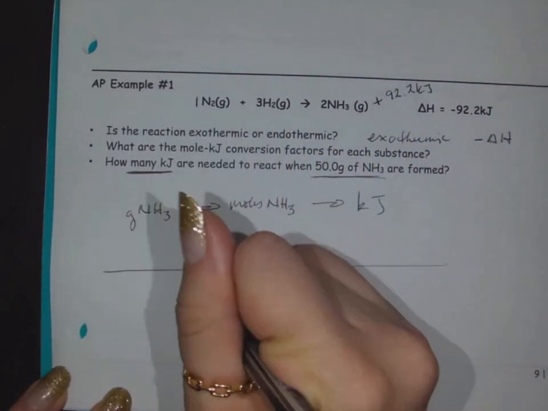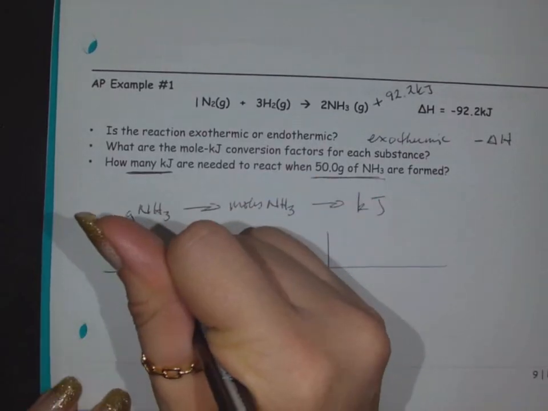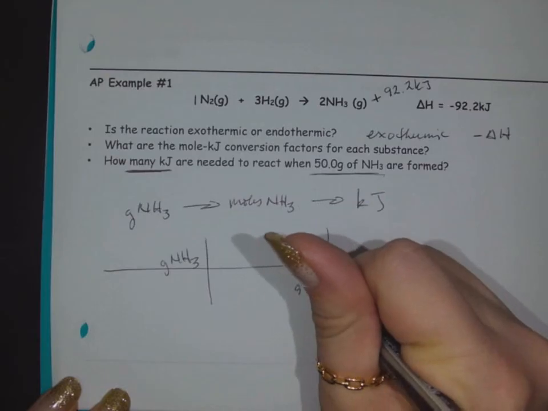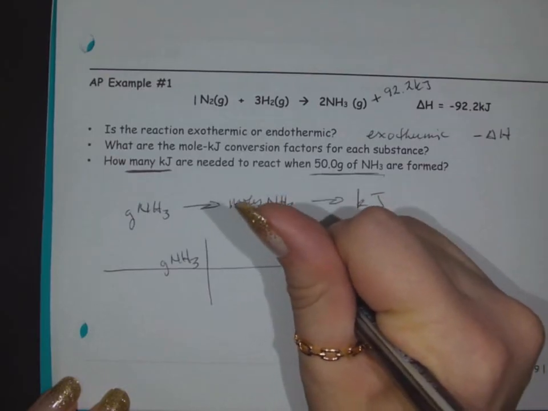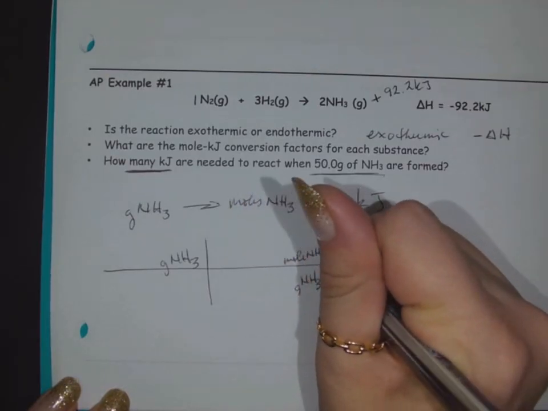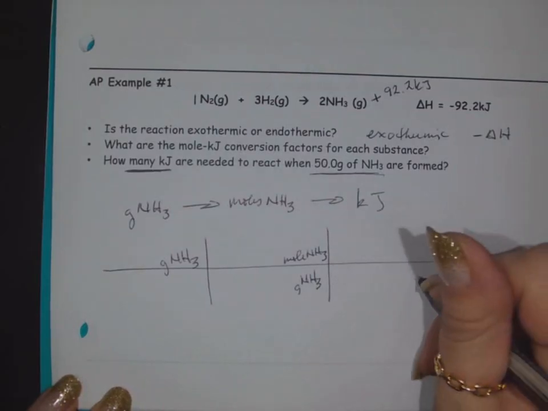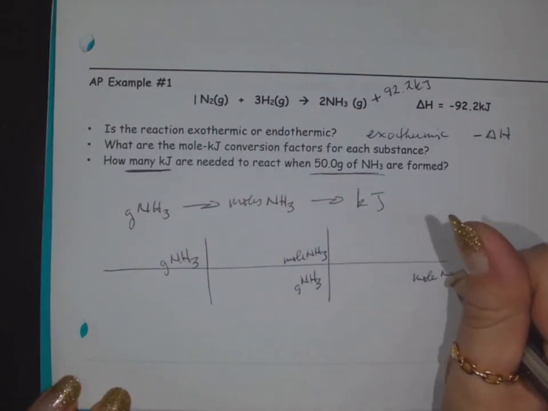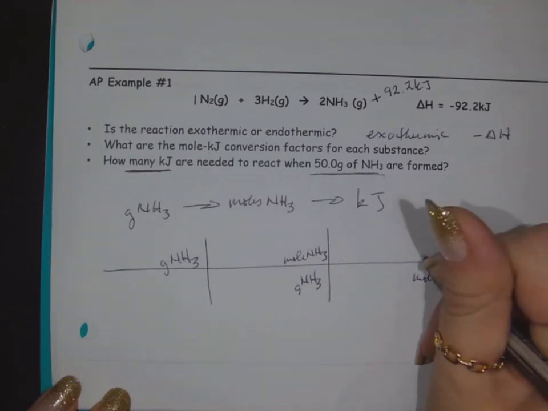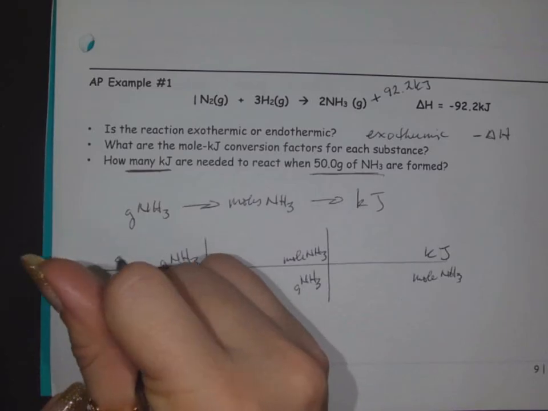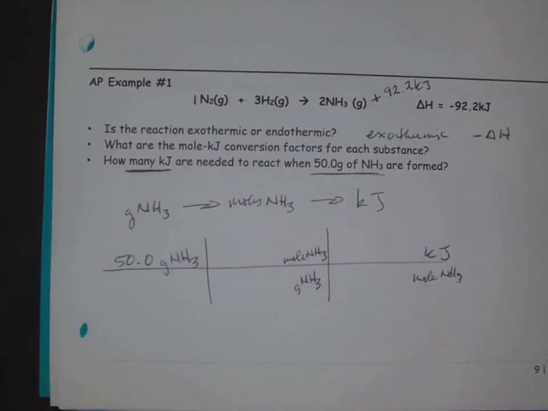So I have a 2-step goalpost. Grams of NH3. Again, I'm going to be checking your notes, and I want to see that you're following along and writing your notes as we go. To moles of NH3 to kilojoules. Okay? And we're starting with 50 grams of NH3.